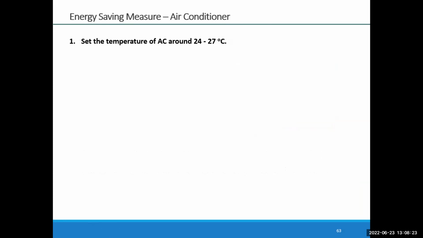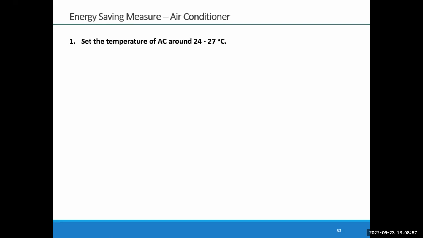As per the research carried out by ASHRAE and others, the human comfort temperature is around 24 to 27 degrees centigrade. If you go below that, it will be more cooling, and if you go above that, it will be slightly hotter. So temperature is a degree of hot or cold, and for a human body the comfortable temperature is around 24 to 27 degrees centigrade.